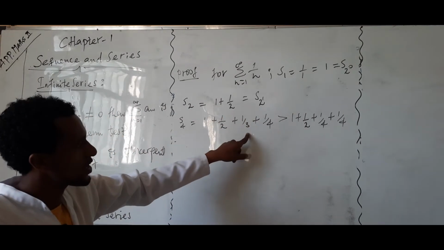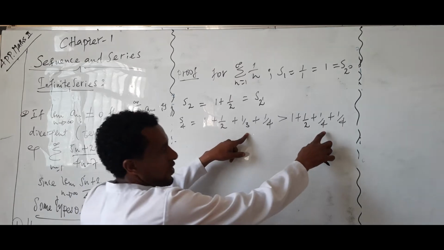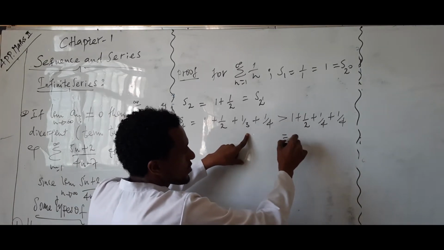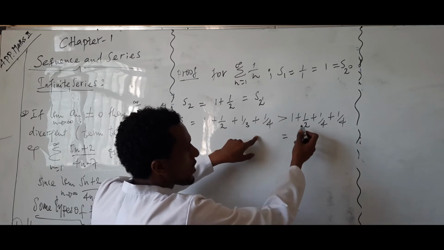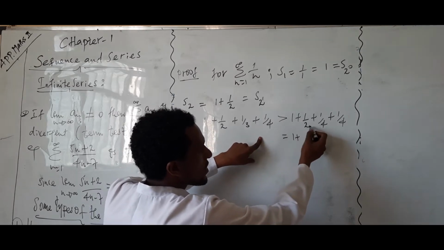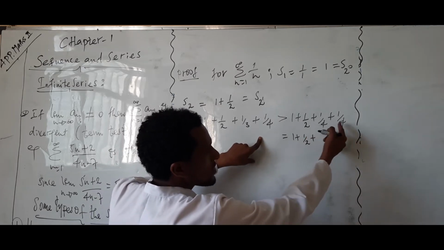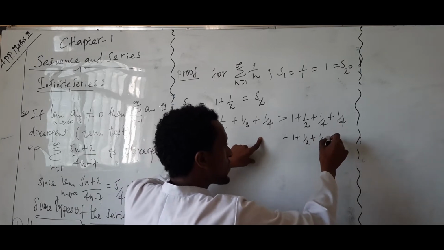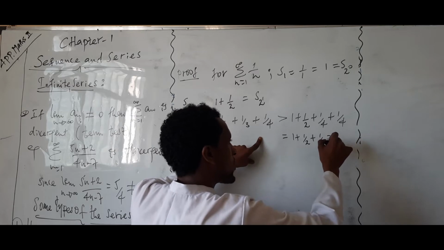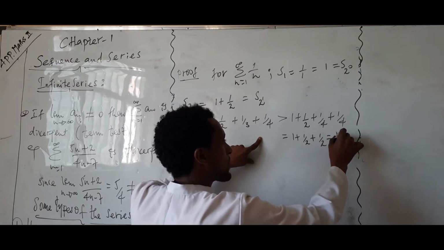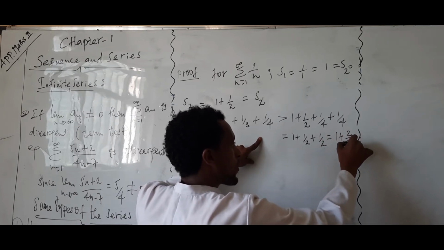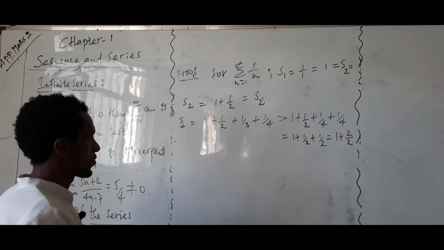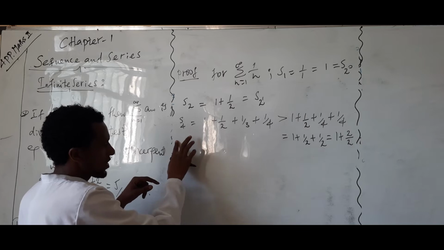Since 1 over 3 is greater than 1 over 4, which is equal to 1 plus 1 over 2 plus this 1 over 2. That's equal to 1 plus 2 over 2.